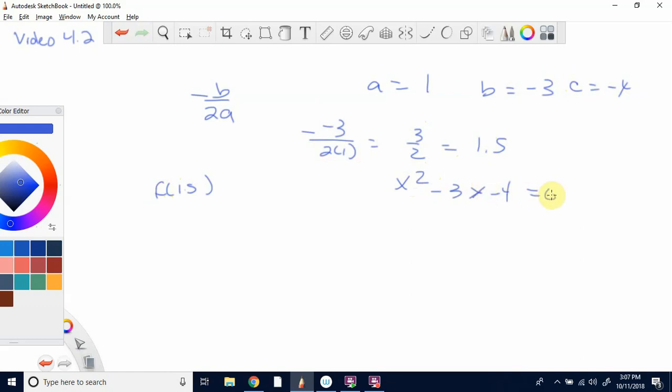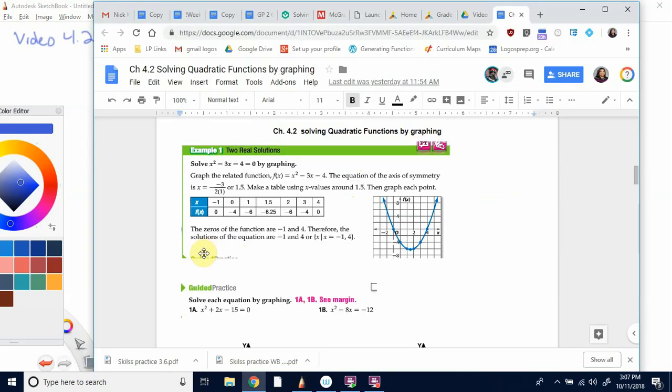The book doesn't tell you to do that, but you should do that first. It's -6.25. So when you look at your table and how they came up with it, they used the vertex (1.5, -6.25). And then they made points around it because we know it's going to open up.